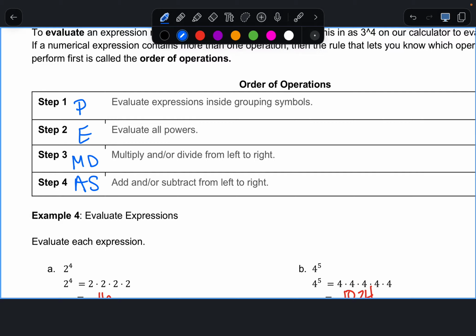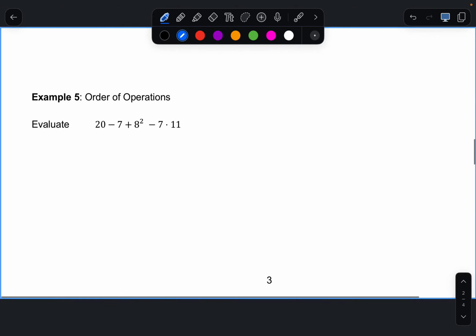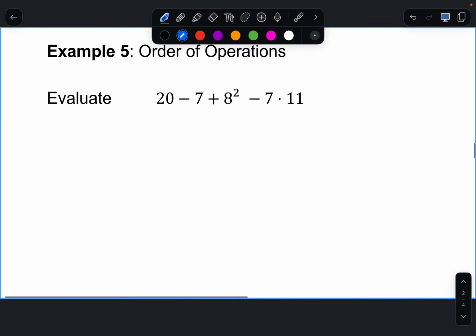There's only one. So 20 minus 7 plus 64 minus 77. Now we have 13 plus 64 minus 77. It sure is 0.